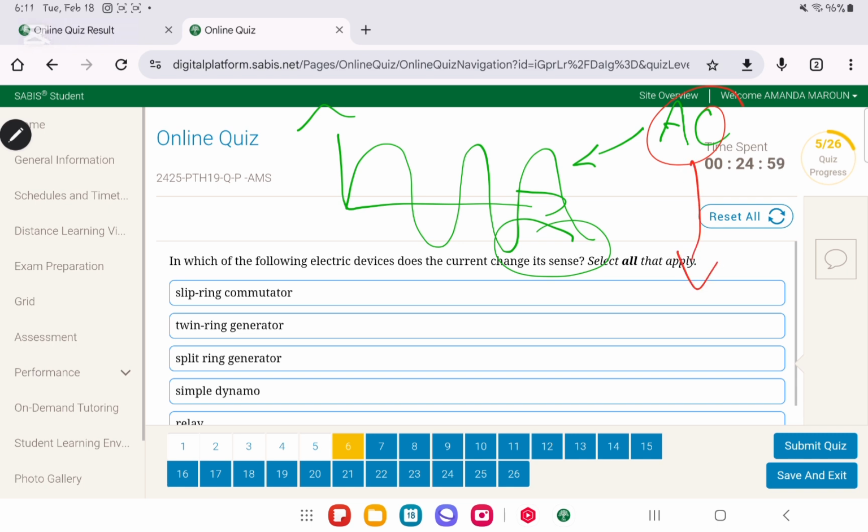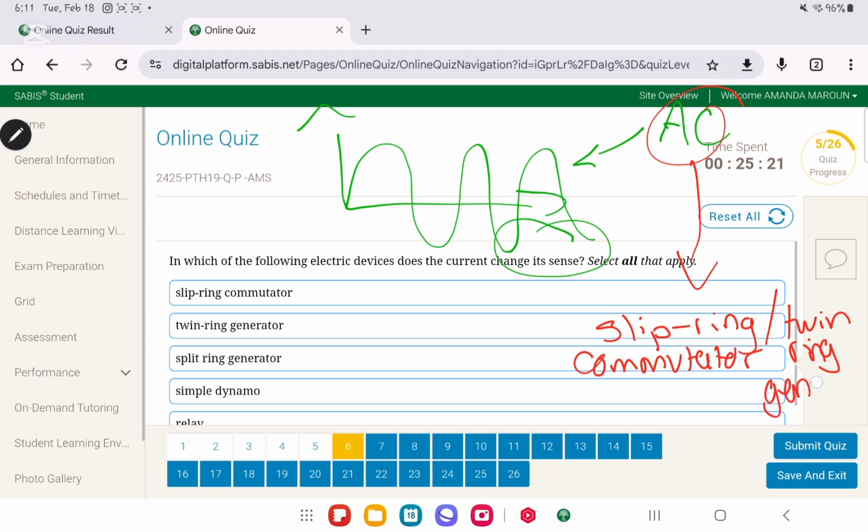Okay, these tools are called the slip ring, or another term is the twin ring commutator, but you use slip ring commutator, okay, and then twin ring generator.